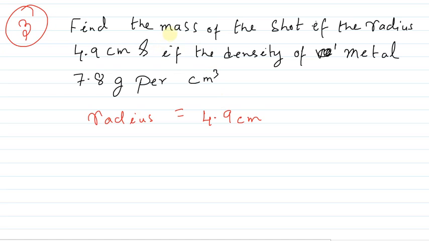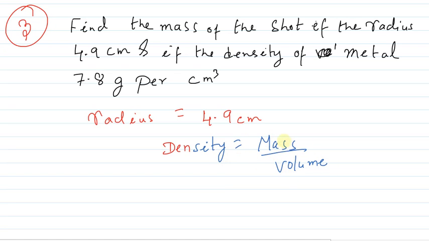Because in the question it is told to find the mass. Acha, wait, I am explaining you very clearly. See, as we know that density, formula with blue pen, is mass by volume. Density is equal to what? Mass by volume. Fine.